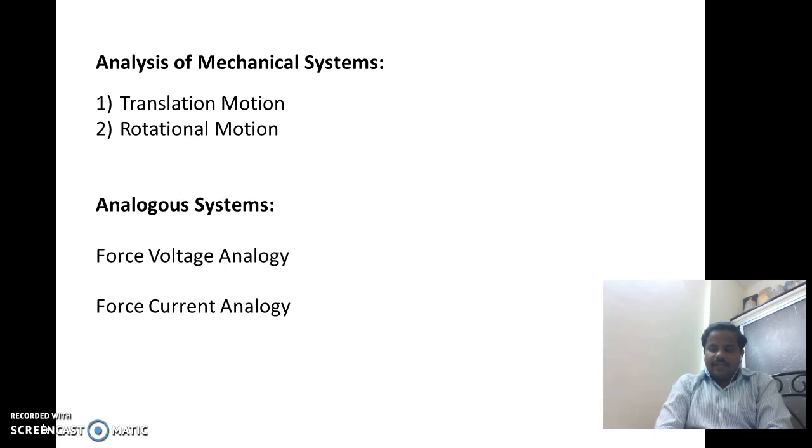Between electrical and mechanical systems, there exists a fixed analogy and a similarity between their equilibrium equations. Due to this, it is possible to draw an electrical system which will behave exactly similar to the given mechanical system. This is called the electrical analogous of the given mechanical system and vice versa.